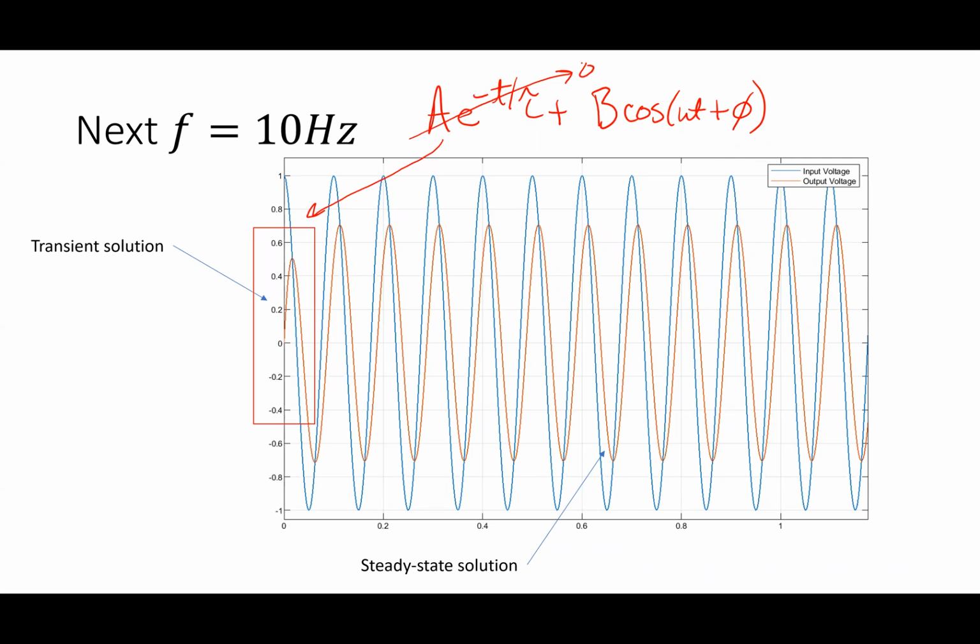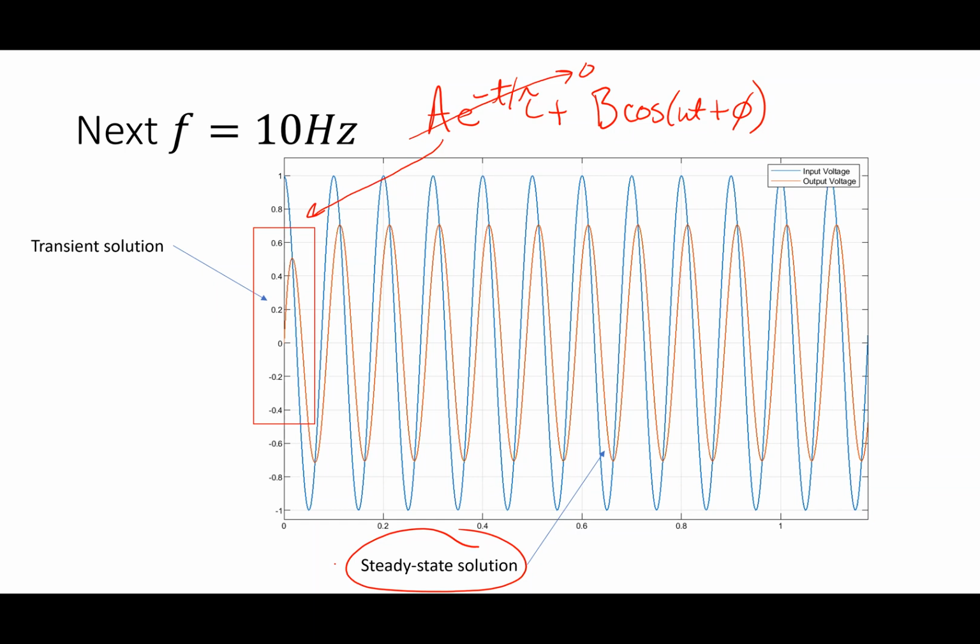So by the time I'm out in this region that I've identified as the steady state, that exponential is gone. And if this circuit is turned on for seconds or minutes, typically we stop caring about the transient response. We don't want to solve differential equations all the time, right? Solving differential equations is, pardon my French, a pain in the ass in general.